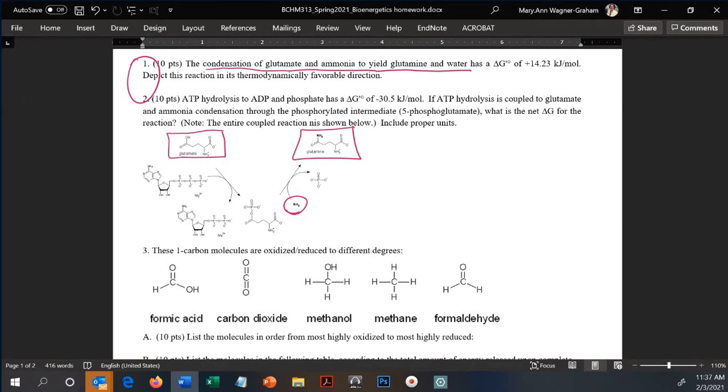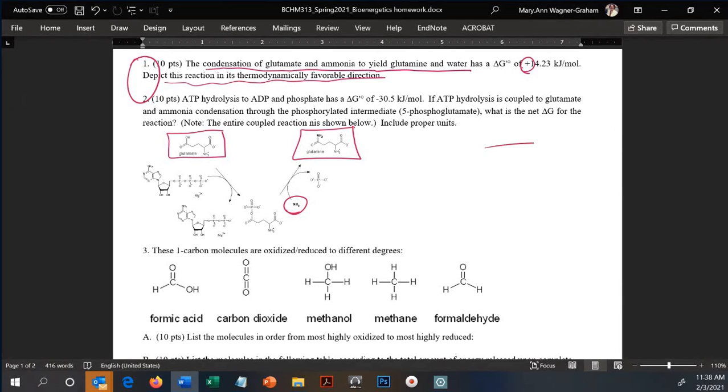So if we're considering those different structures, I want you to depict the reaction in its thermodynamically favorable direction. To go from glutamate to glutamine, we have a delta G prime naught of positive 14.23 kilojoules per mole. I think you guys are pretty good with the concept now that if we have a positive delta G, that's thermodynamically unfavorable. If we have a negative delta G, that's thermodynamically favorable.